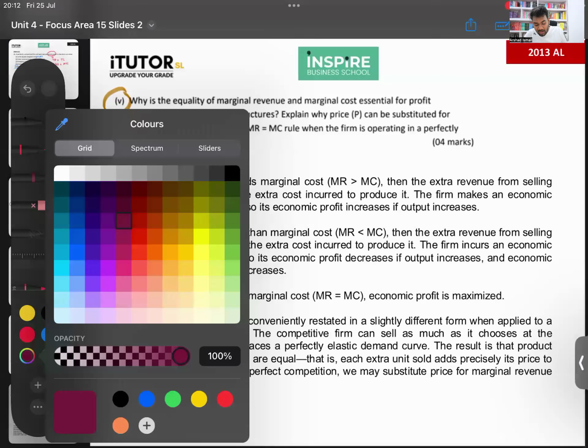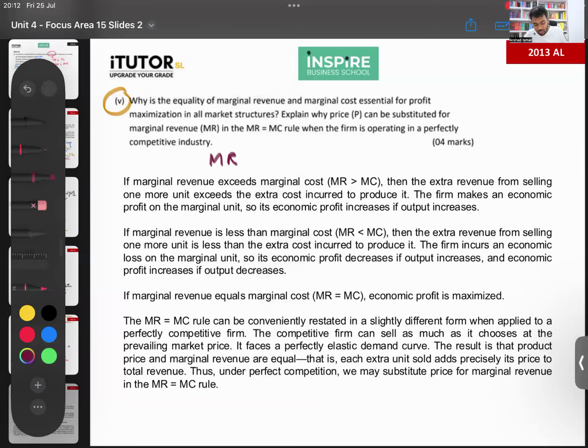So if your marginal revenue is more than marginal cost, what does that mean? If the loss by continuing and shutting is the same, then there is nothing better. Okay. So if MR is greater than MC, what should you do? That means each additional unit, you're earning more than what you're spending.